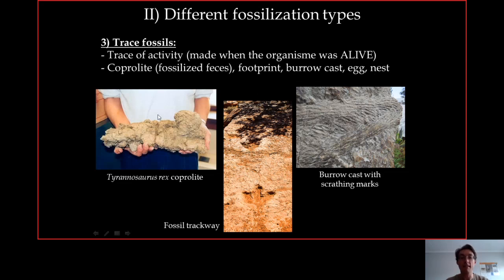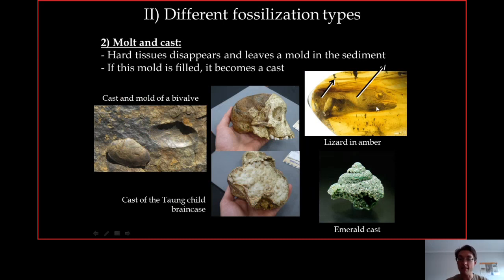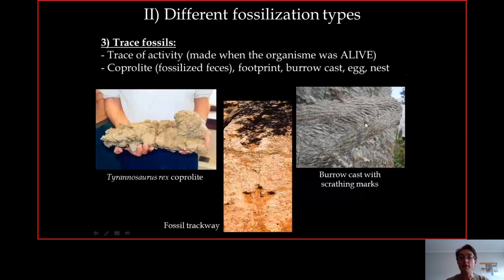Everything that trace fossils have in common is that they were not made by dead organisms. Everything that I've shown you so far, those skeletons, silicified wood, teeth, shells, all of these are dead organisms that became fossilized. The trace fossils were made by animals that were alive.